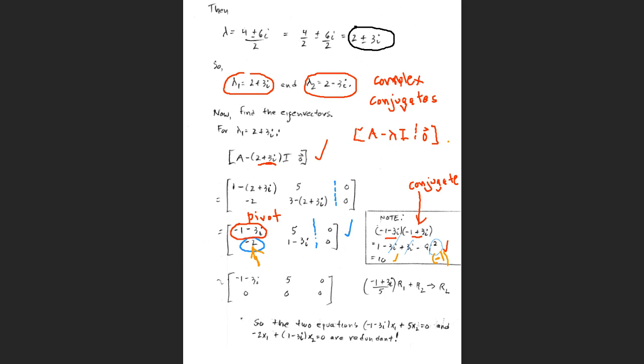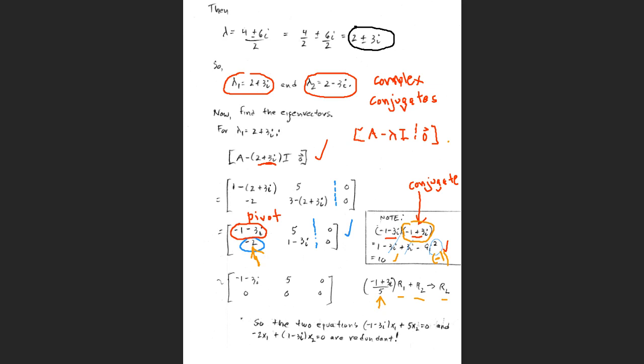So what I'm going to do is take that complex conjugate, which was -1 plus 3i, and divide it by 5. Multiply that by row 1, add it to row 2, and replace row 2 by the result. And look what happens.